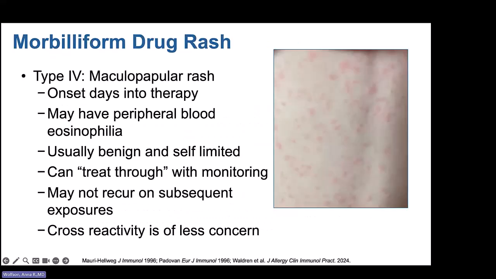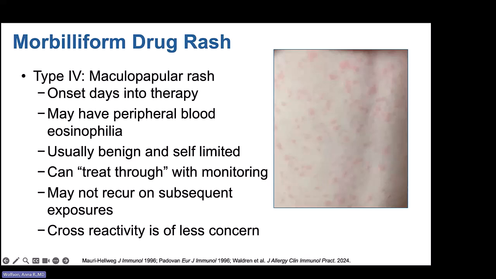So let's think about morbilliform drug rashes. So this is, again, a type 4 hypersensitivity, and it's going to manifest with a maculopapular rash. Generally, the onset is days into therapy. There might be a mild peripheral blood eosinophilia. These rashes can be distressing to patients, but they are generally benign and self-limited.